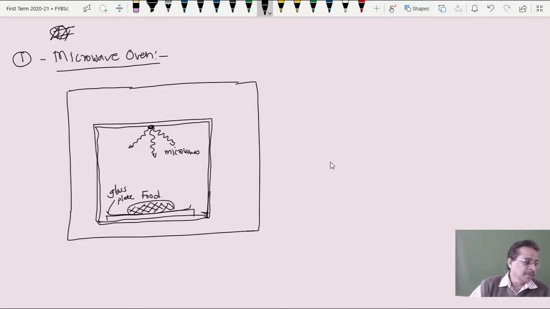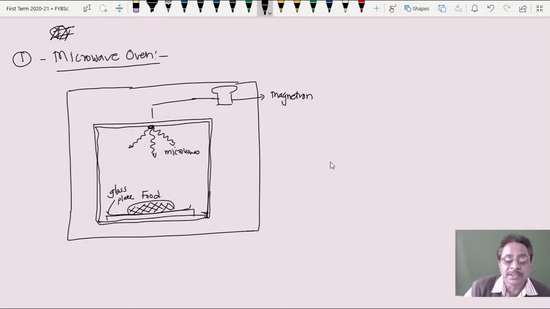And here there is some device which is connected here. The shape of this is like this, and it is called the magnetron.